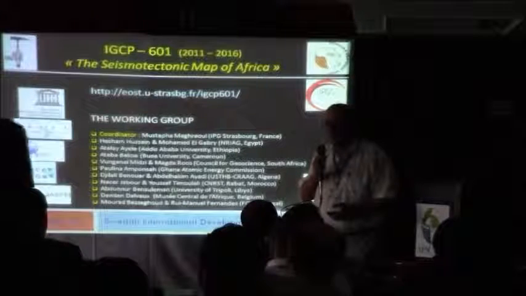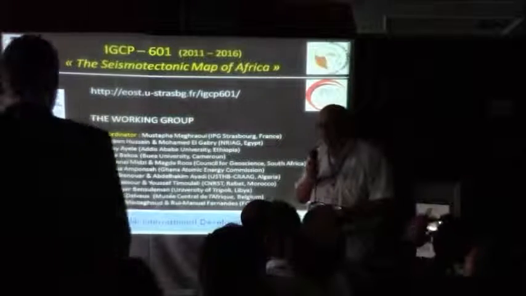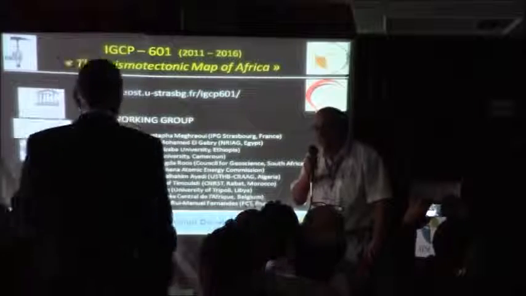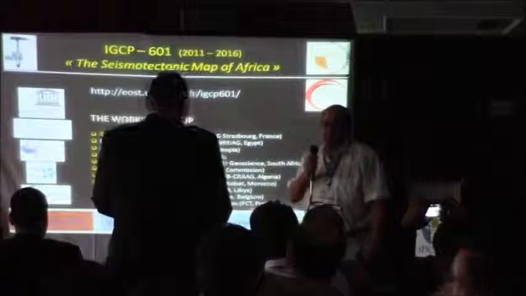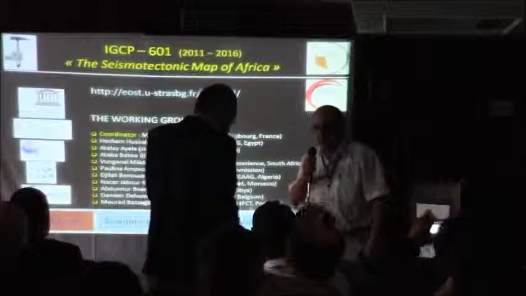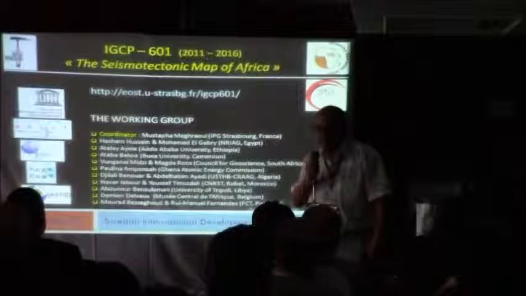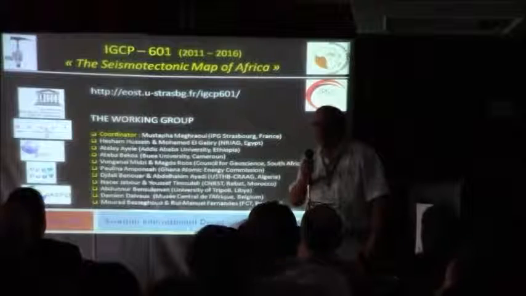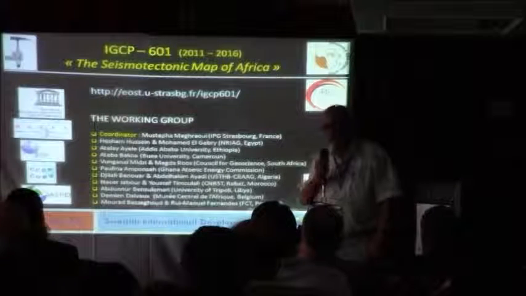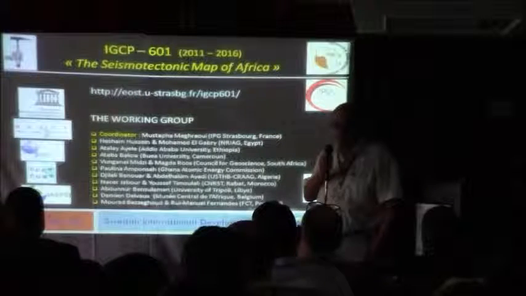Then in 2011, UNESCO accepted an IGCP project, and we have been carrying on this work since 2011. This year, the map will be presented officially at the IGC meeting in Cape Town.